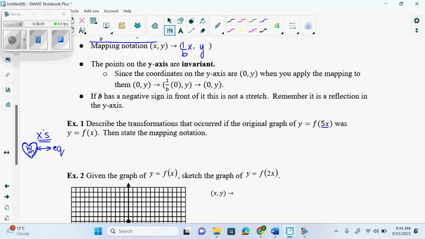Because it is confusing. So we're going to have a horizontal stretch by a factor of 1/5 about the y-axis, because it's always about the opposite.